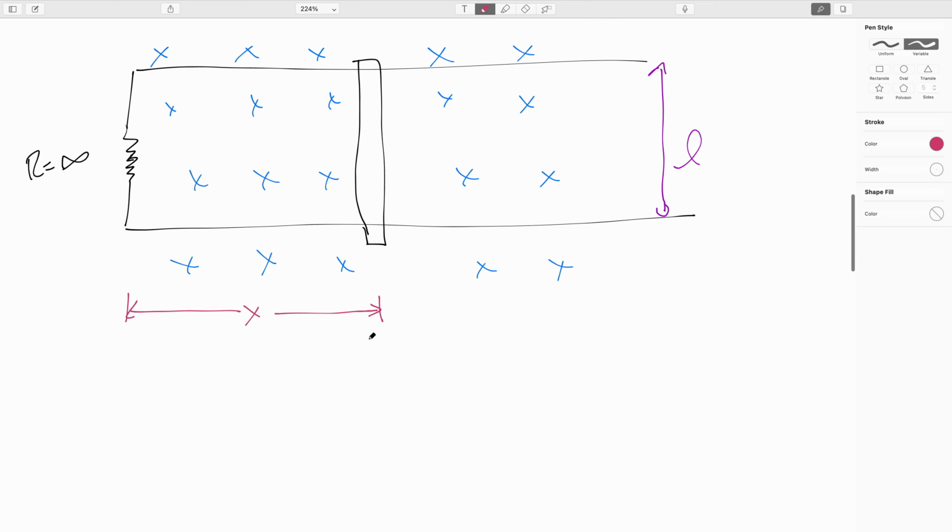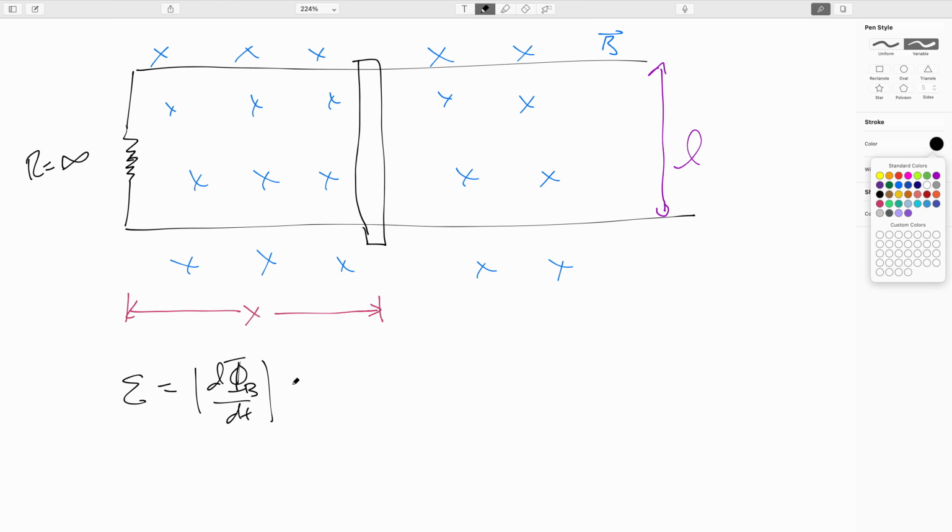So by Faraday's law of induction, the motional EMF will be equal to d phi B dt. And here, since we're saying the magnetic field is uniform and the area is increasing, the rate of change of flux is positive. So here we can just get away with dropping our absolute value signs if we're just solving for the magnitude of the EMF.